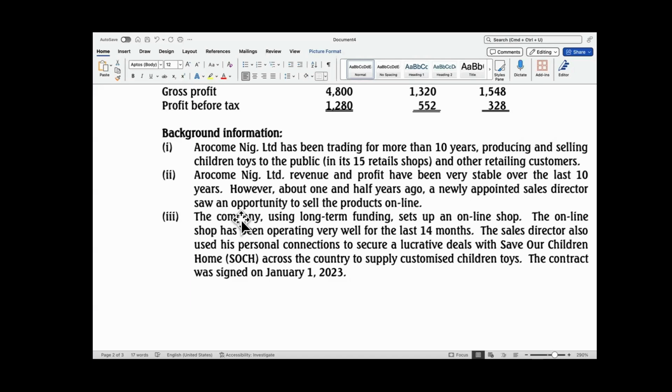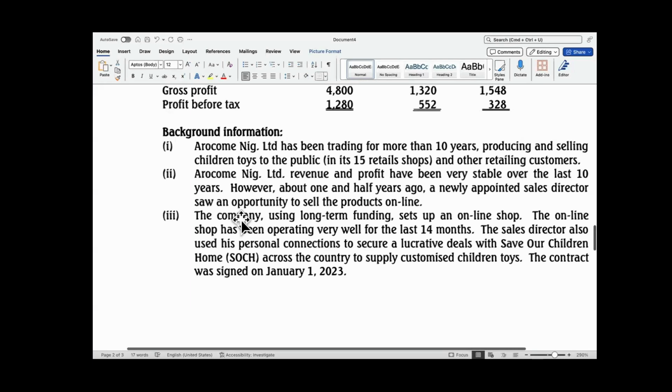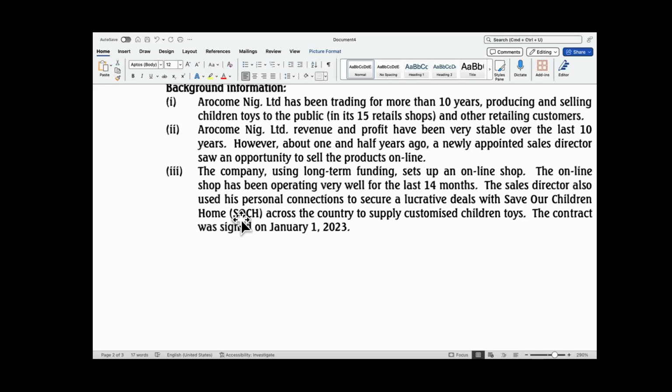But the third point is showing us that they diversify into online shops, and they used loans, long-term funding, to do this. And also, they got a lucrative contract, the Save Our Children Home deal, where they can supply customized children's toys across the country. So that means they are doing very well.